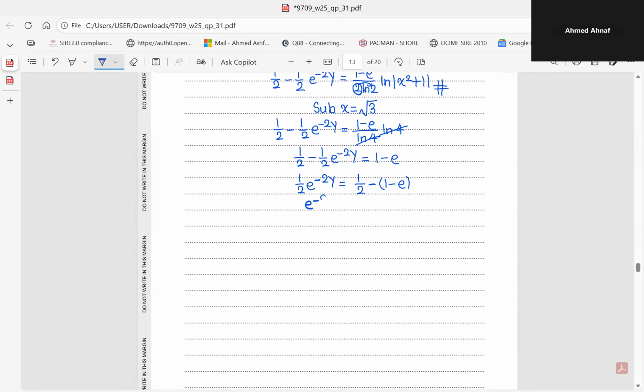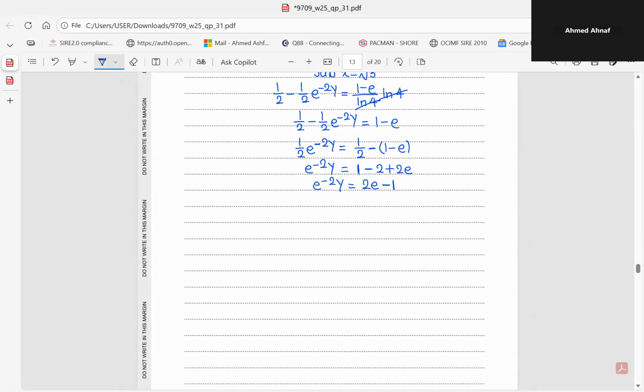You get e to the power of negative 2y as 1 minus 2 plus 2e. So I open up the brackets and multiply it by 2 at the same time. So you get e to the power of negative 2y as 2e minus 1.